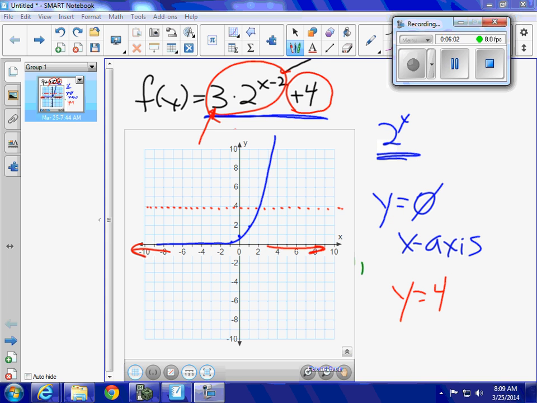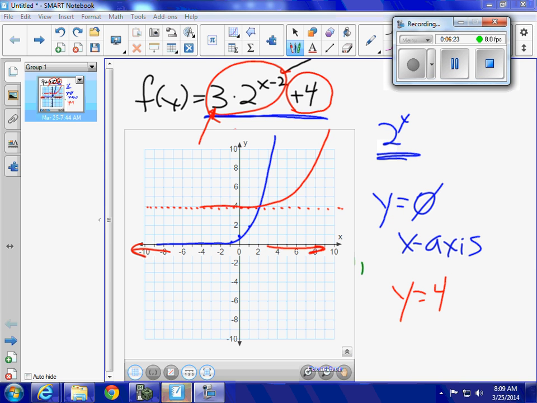What is the domain of the transformed function? Well, I know that the transformed function is going to be a stretch of 3, shifted to the right 2, and raised up by 4. I don't know what it's going to look like exactly, it's going to still go along here, somehow like that.